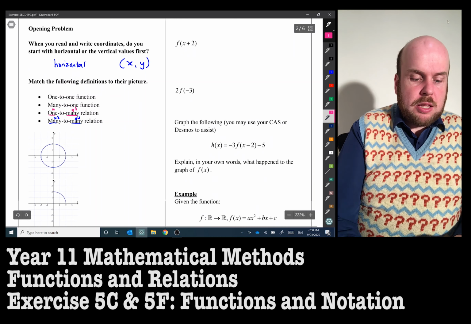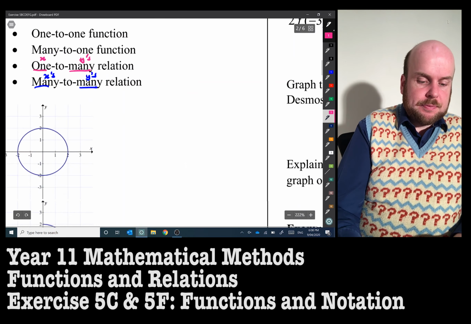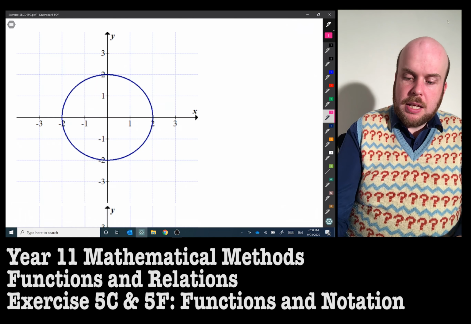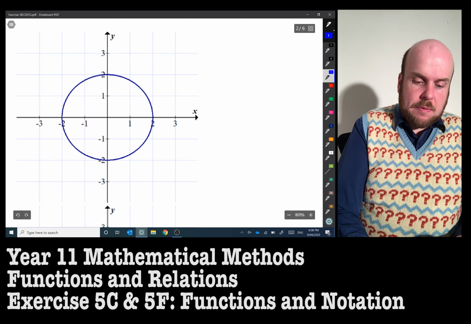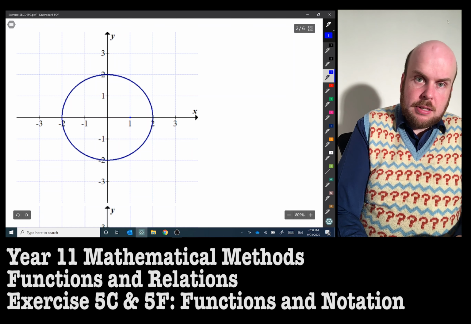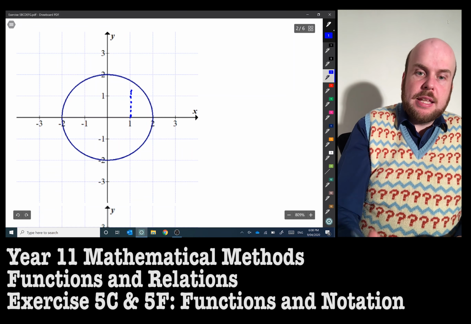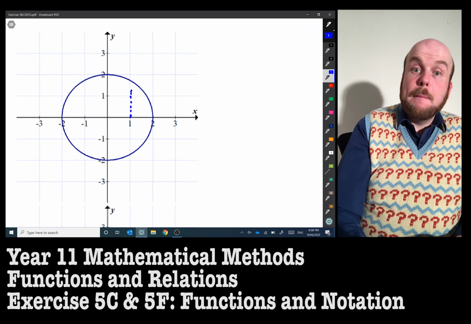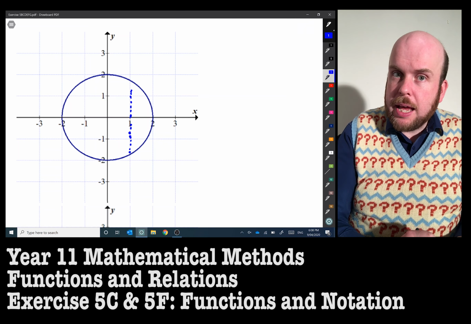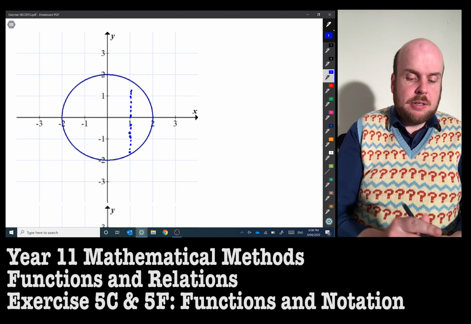Let's look at this first one, our circle graph here. If I just look at x equals 1 here, I notice that it has many y values. So it could be a one-to-many relation.